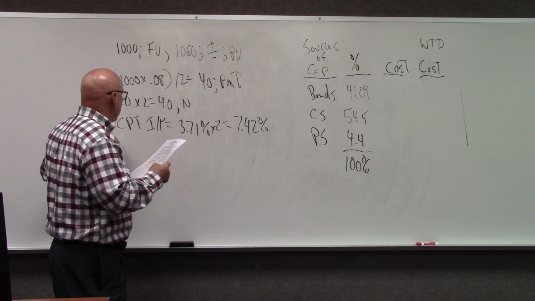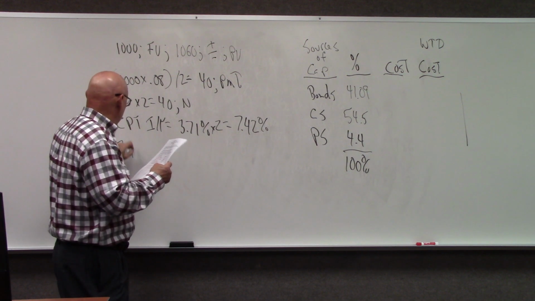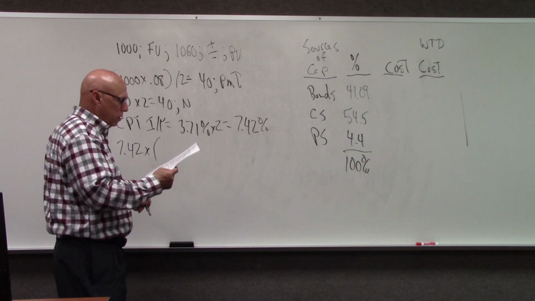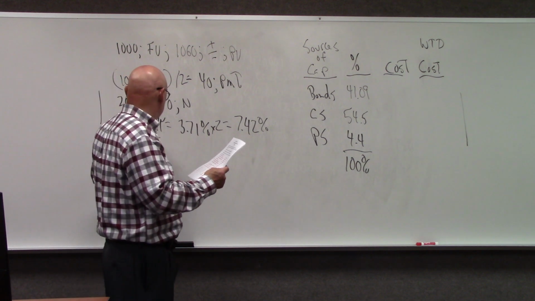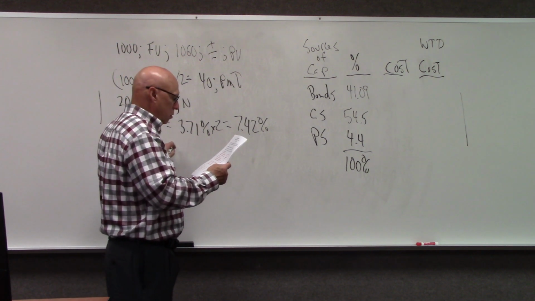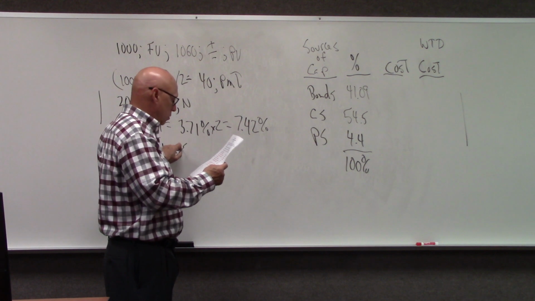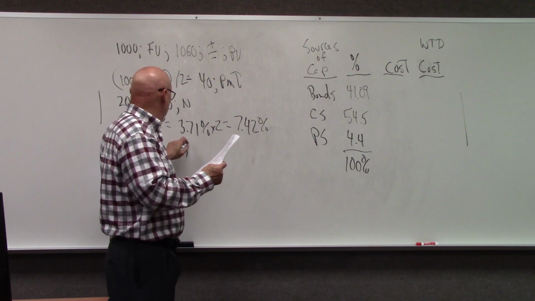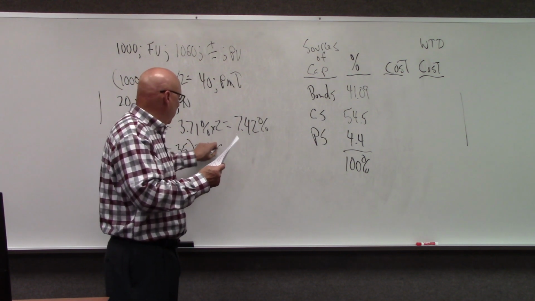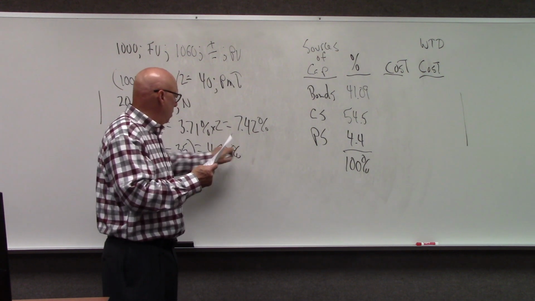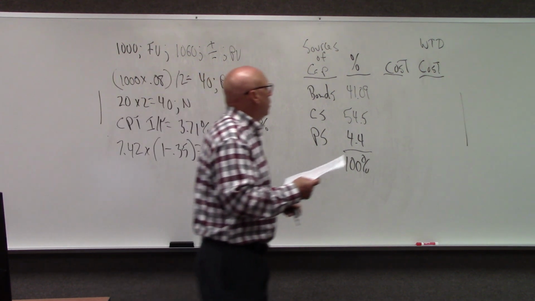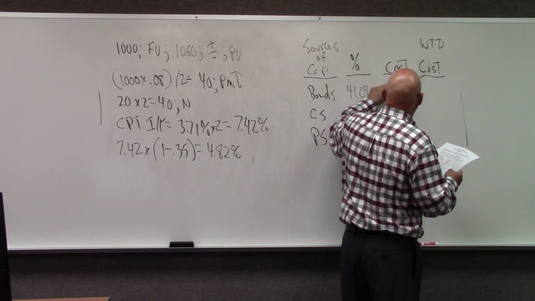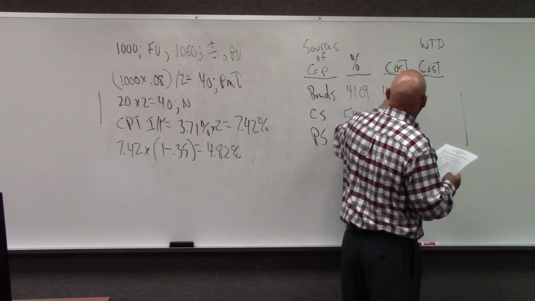Then we take 7.42 times 1 minus the tax rate, and we get 4.82%.